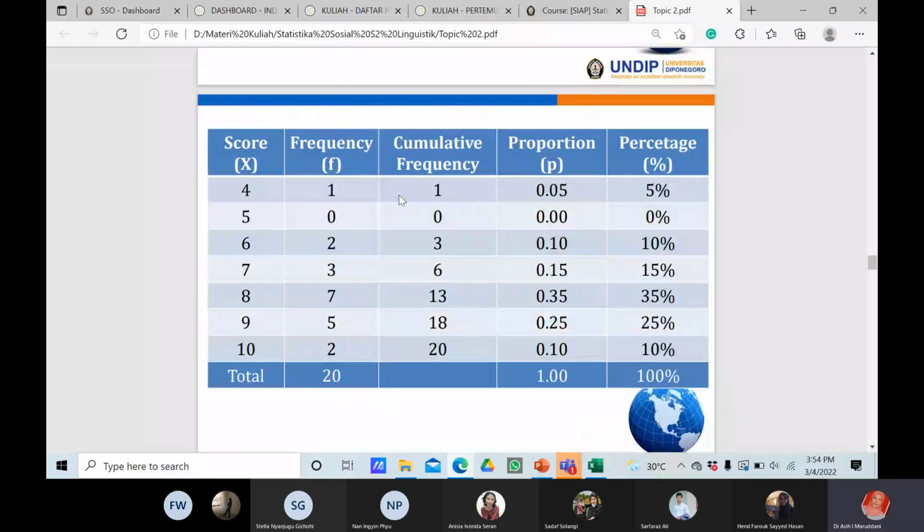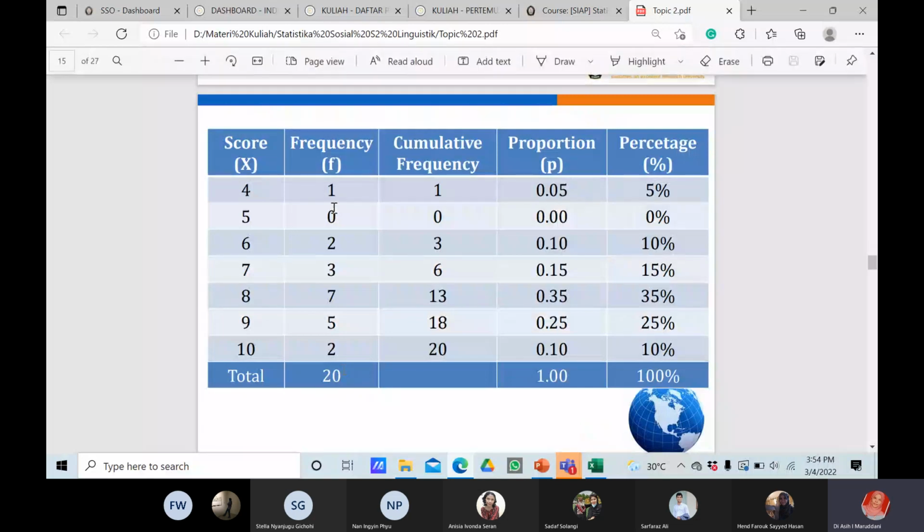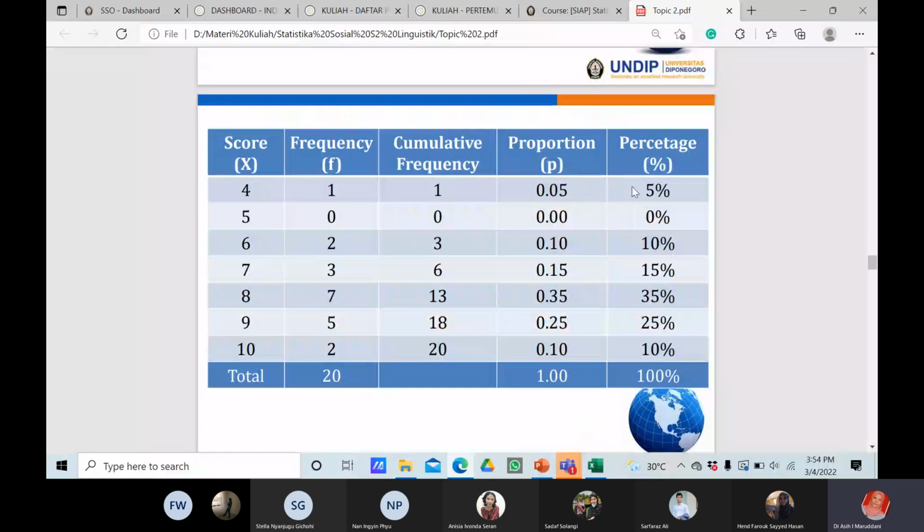The proportion of the first row comes from frequency F divided by N. 1 divided by 20 is 0.05. Or we can say the percentage is proportion times 100, or we write it as 5%.